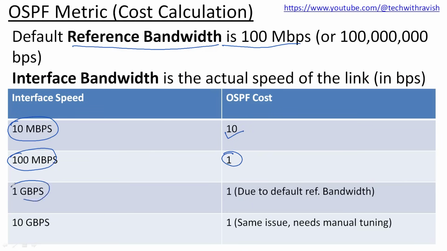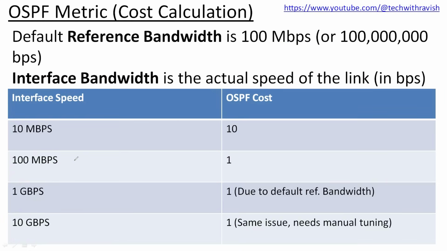If it is a 1 Gbps link, the path cost is 1. And if it is a 10 Gbps link, the path cost is 1. This will really create an issue if we have different bandwidths like 100 Mbps, 1 Gbps and 10 Gbps, because OSPF will consider all of them a path cost of 1.